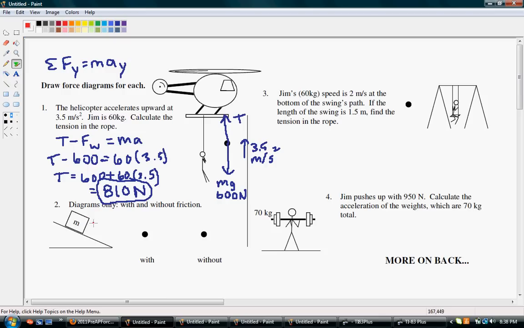Alright, number 2 says diagrams only. They want a force body diagram with friction and without friction. Either way, we are going to have the force of weight that is always straight down.